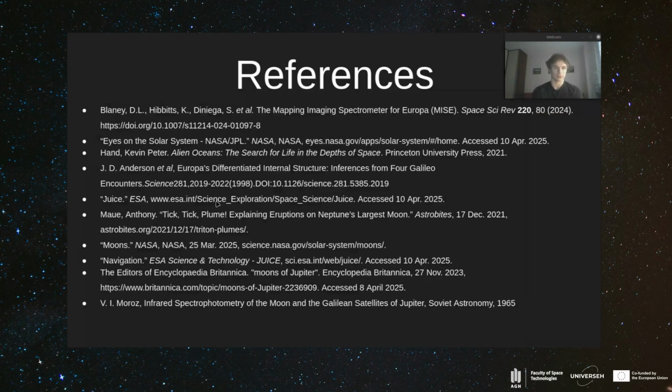Also, ESA.int is the European Space Agency website, which also has great articles, especially if you are interested in the JUICE mission, so Jupiter Icy Moon Explorer. It's under sci.esa.int/web/juice.